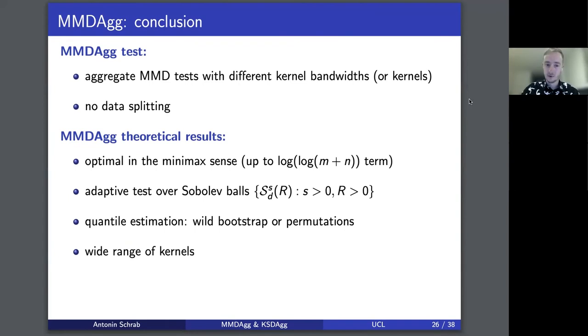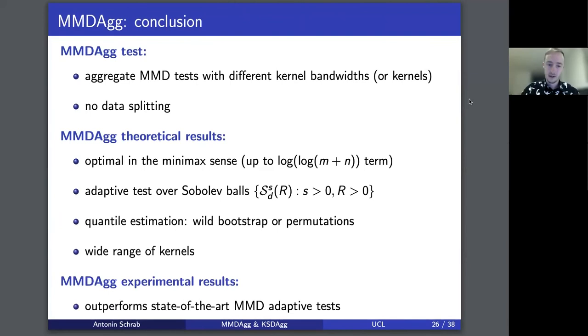And it holds for a wide range of kernels, which is quite important because previous work only focused on the Gaussian kernel, while now it holds for any product of kernels that lie in L1 and L2. And in our experiments, we observe that our MMD test outperforms state-of-the-art MMD adaptive tests.